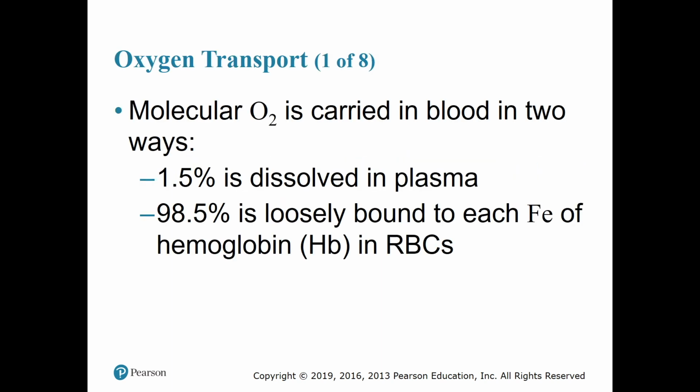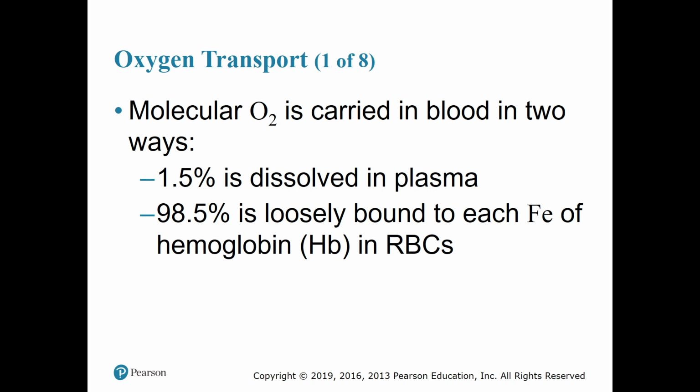So molecular oxygen is carried in blood in two ways. 1.5% is dissolved in plasma. So that means that each 100 ml of blood leaving the alveolar capillaries carries away roughly 20 ml of oxygen.